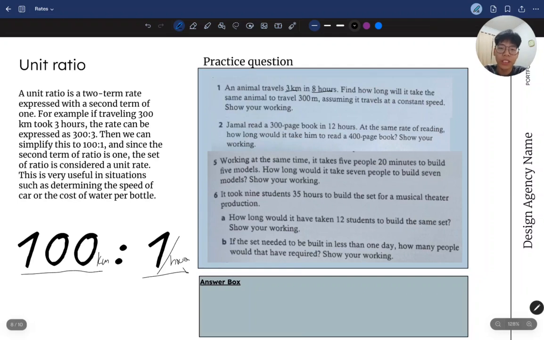An animal travels 3 kilometers in 8 hours. Find how long it will take the same animal to travel 300 meters.